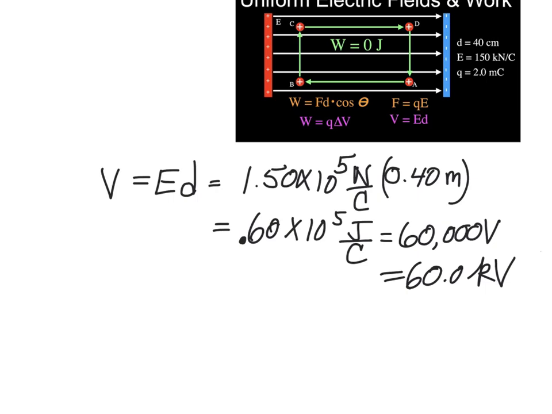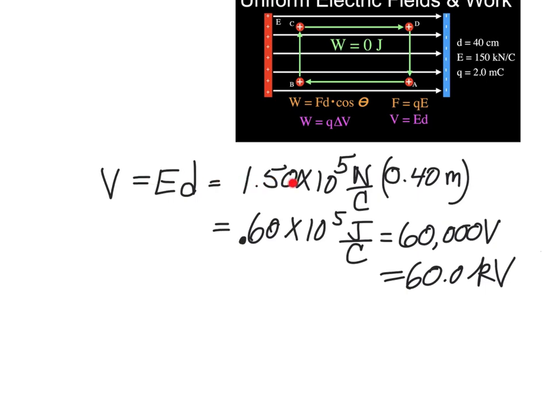The next question is to get the voltage between the two plates. And so this equation, remember, this is only good when the field is uniform. That works in this case. So just use this equation to find the voltage between the two plates. Do that by yourself and then see what I did.